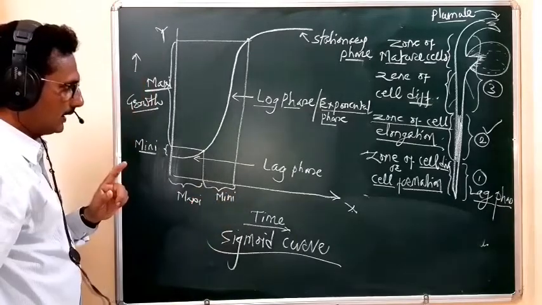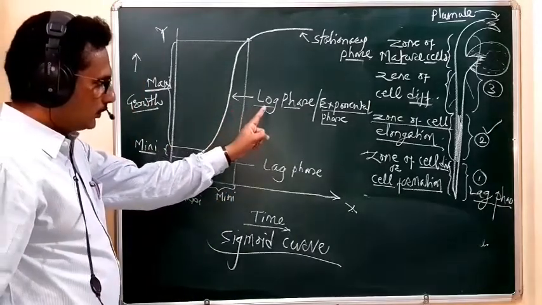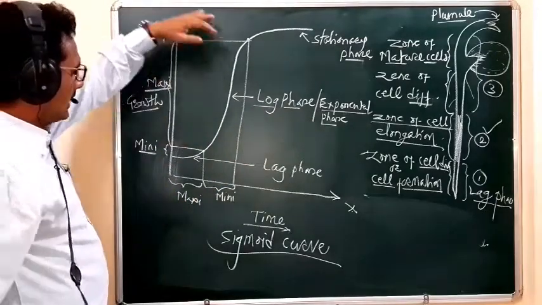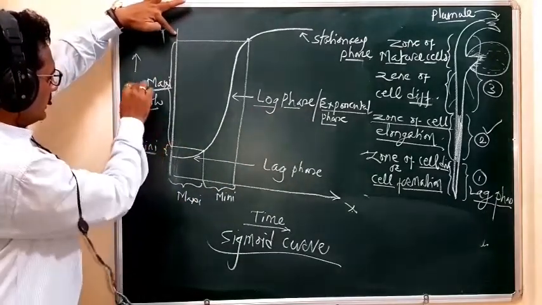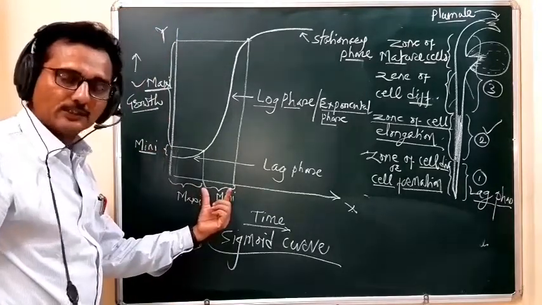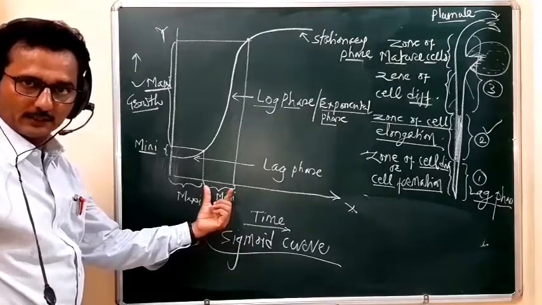So always remember, the log phase or exponential phase shows the maximum growth, but the time requirement is minimum.